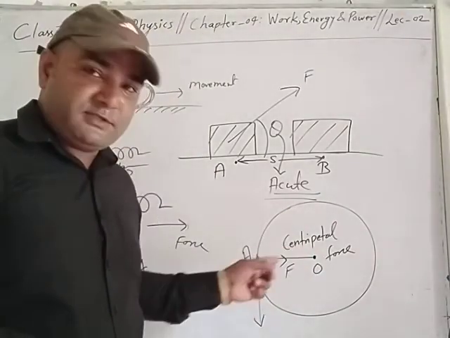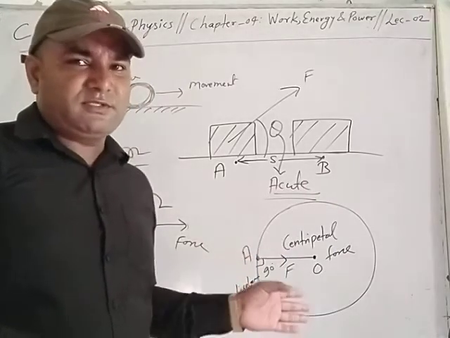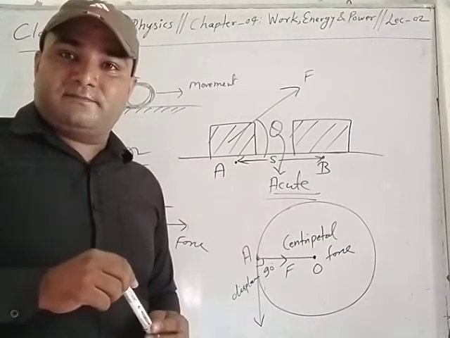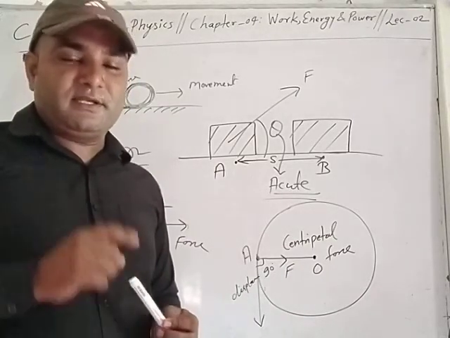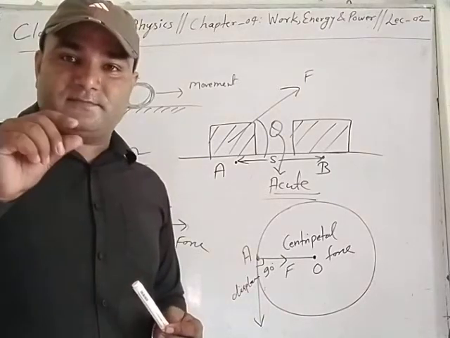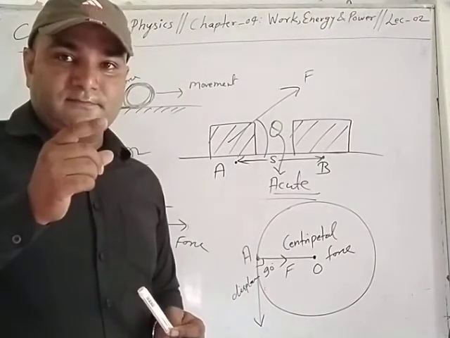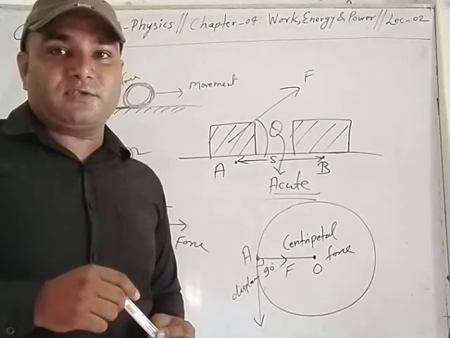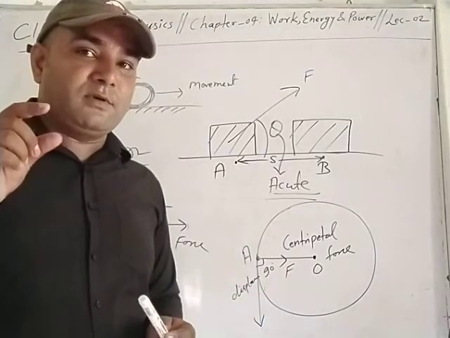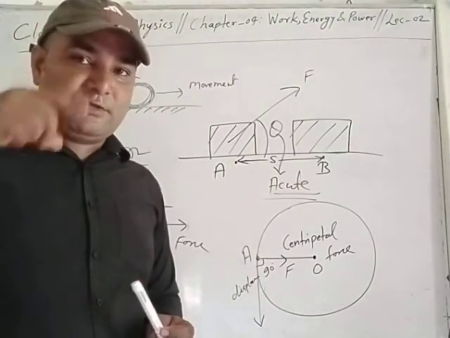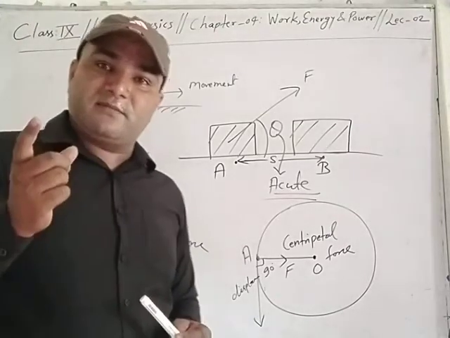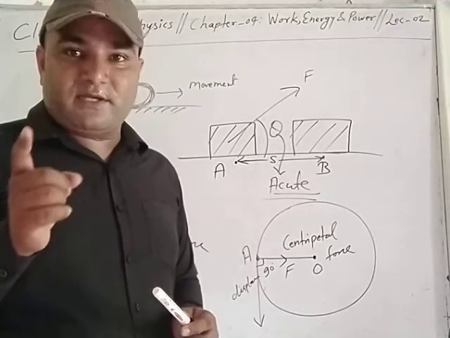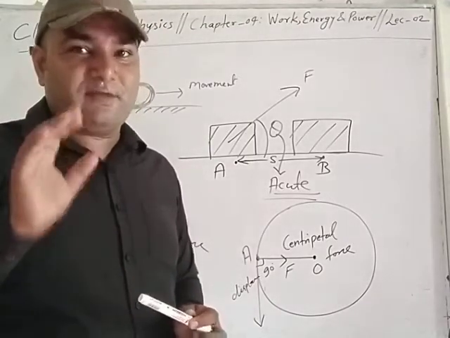In circular motion, the work done by centripetal force on a circular path, or in the motion of the earth around the sun, the work done by centripetal force is also 0. And when the moon revolves around the earth, the work done by centripetal force is also 0. So the work done by centripetal force in all circular motions is always 0.